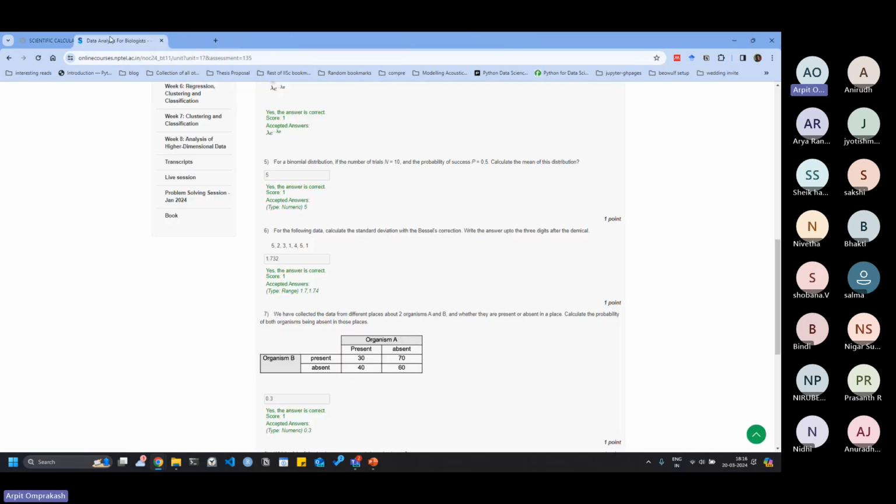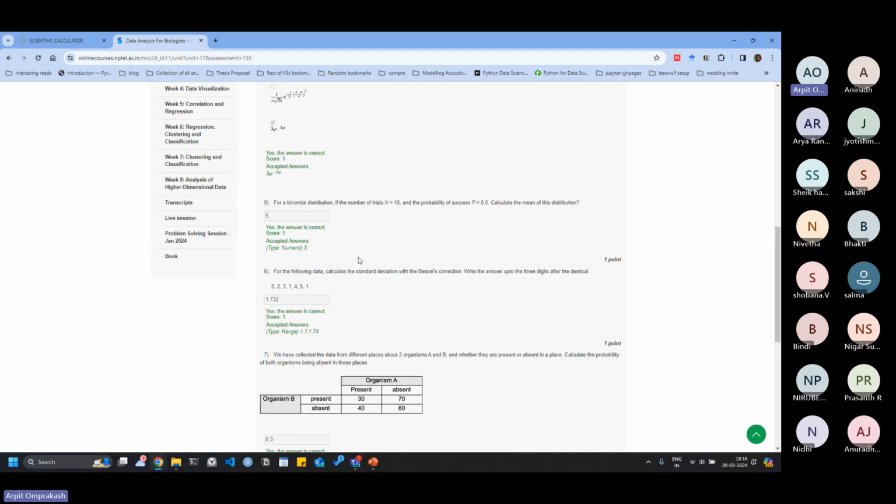So you had these kinds of questions in your assignments, no? So these kinds of questions will be there. Numericals, where you have to calculate the mean, standard deviation for distributions.